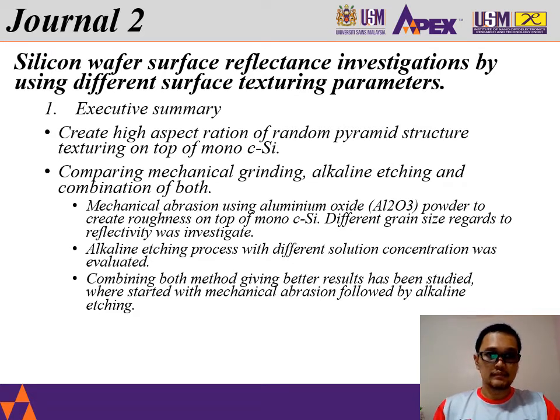The last objective of this journal is to combine both methods and see whether it gives better results between the two, or almost the same result as either mechanical operation or alkaline etching. The combined method works by starting with mechanical grinding first to create a certain roughness, which is then later etched by the alkaline etching process.